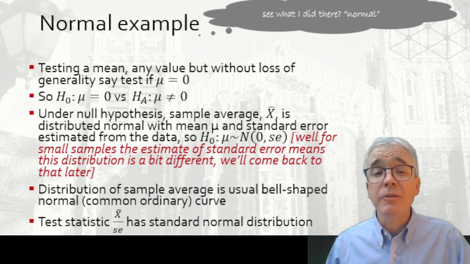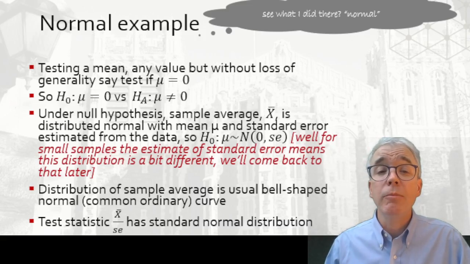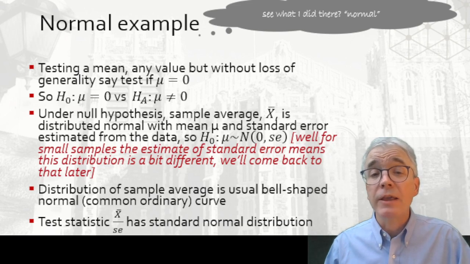Anyway, when we look at a sample average under the null hypothesis, the sample average is typically distributed normally. There are cases where not, but those are weird. Typically it is. The central limit theorem tells us that under pretty broad conditions, the sample mean is going to have a normal distribution, mean mu, standard error that we can estimate from the data.